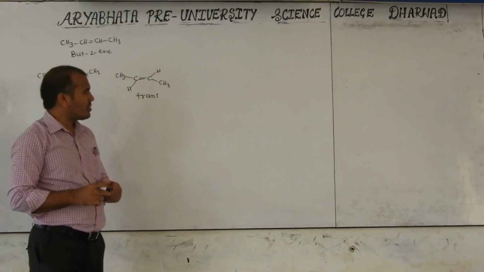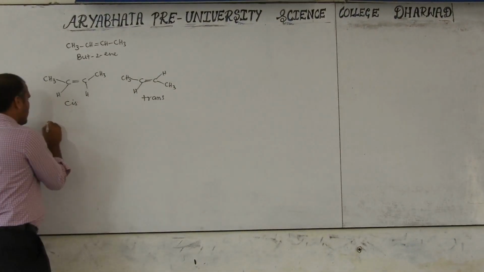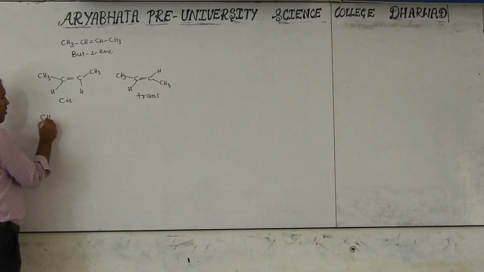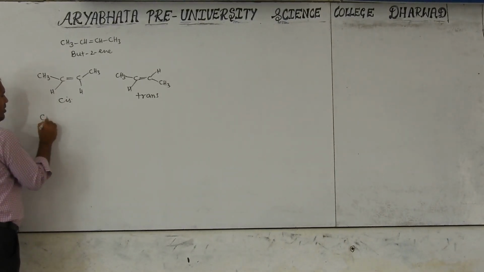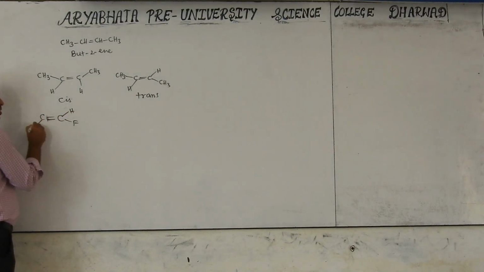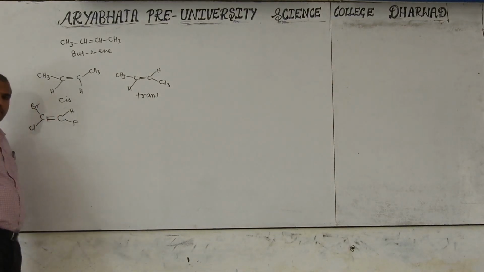If all groups are different, for example, here H, here F, here Cl, here Br, all groups are different.